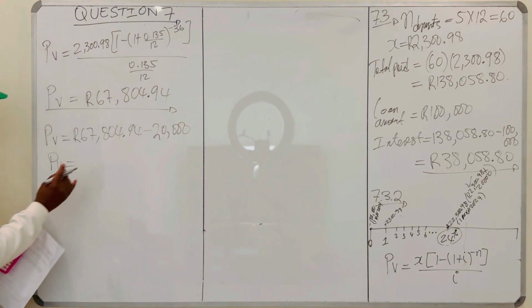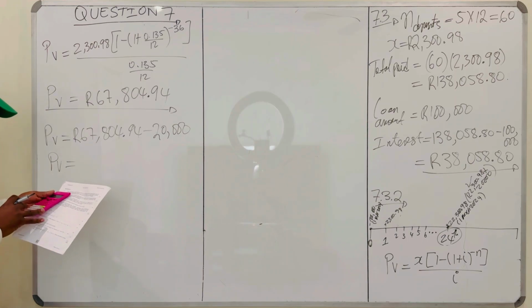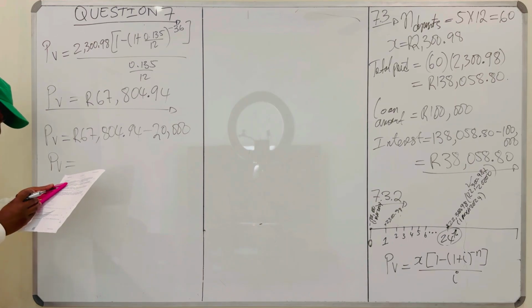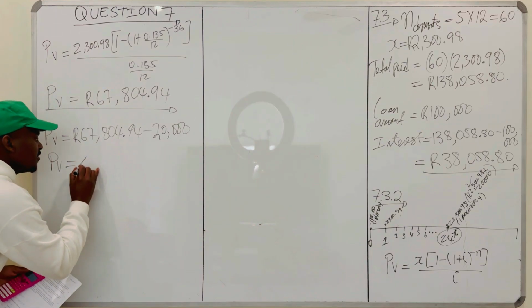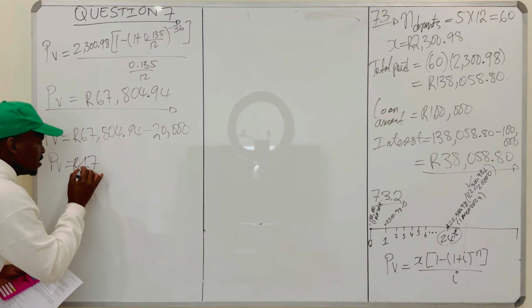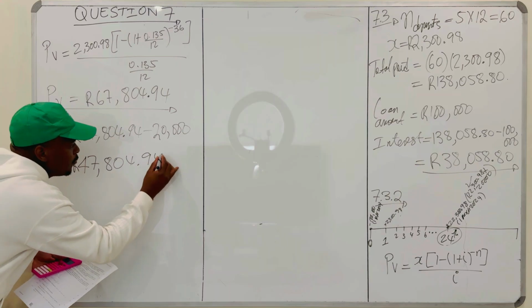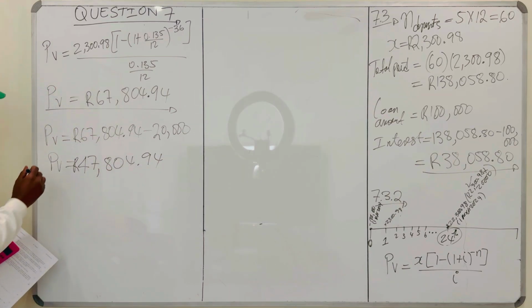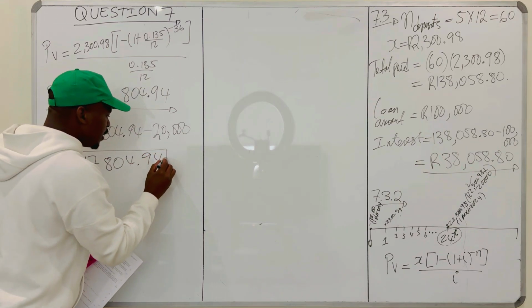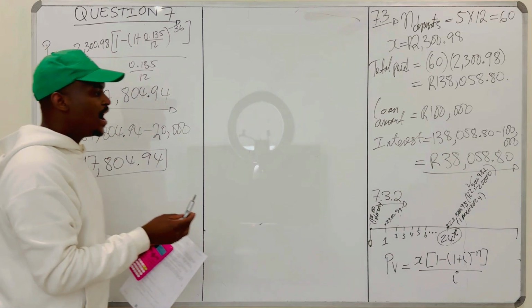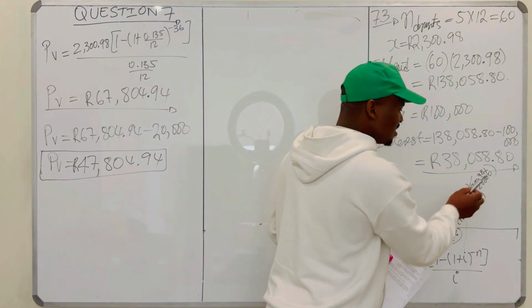The new value of the loan was 47,804.94. So this was the balance of the loan after the 2,300 and the 20,000 were deposited into that account.